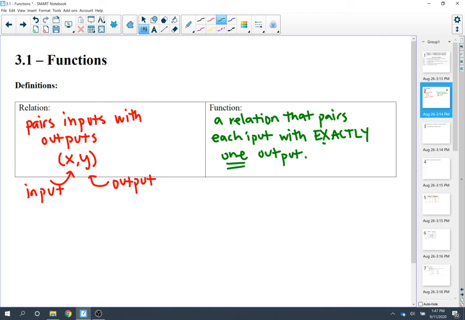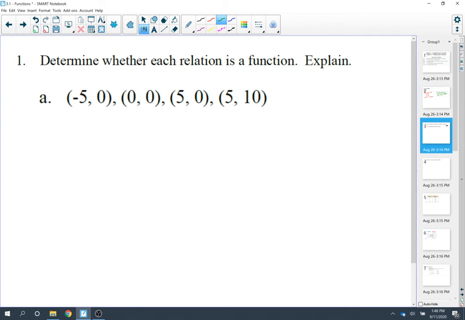Okay, and the key here is exactly one. With a relation, you can pair any x with any y as many times as you want. You have an input, you have an output, whereas in a function, it has to pair each input with exactly one output. So let's look at what we're talking about here.